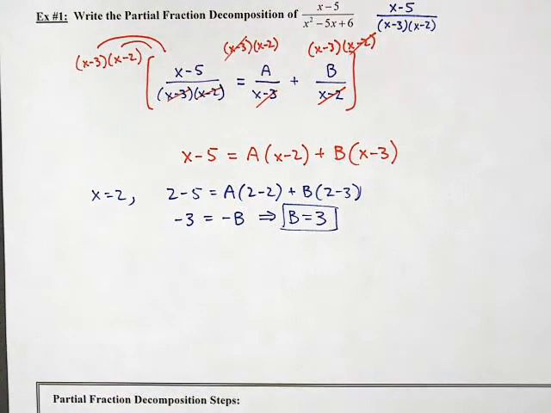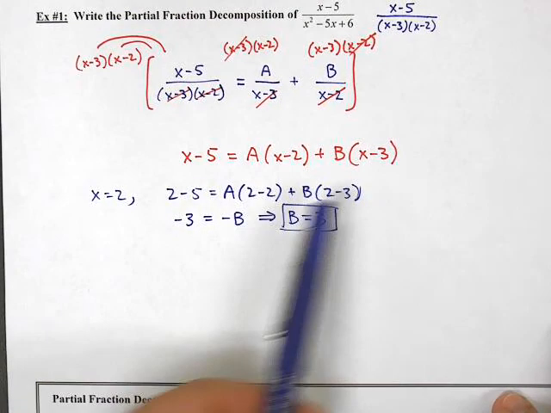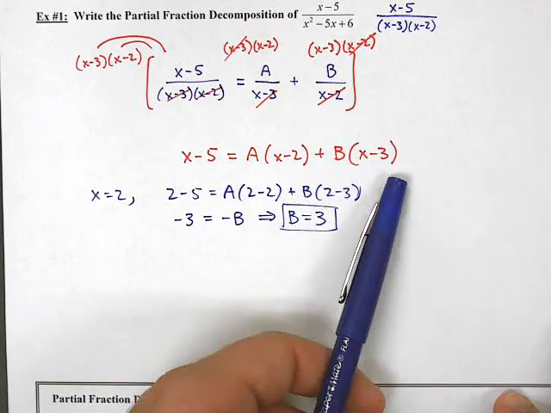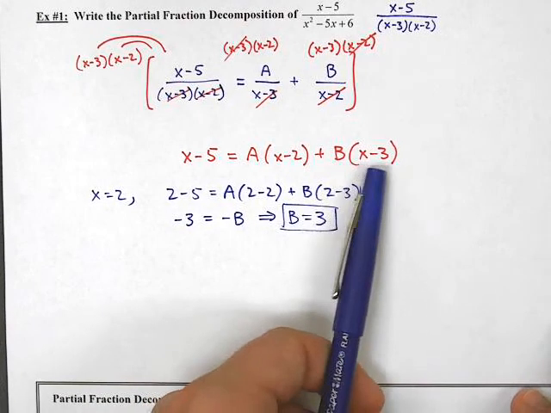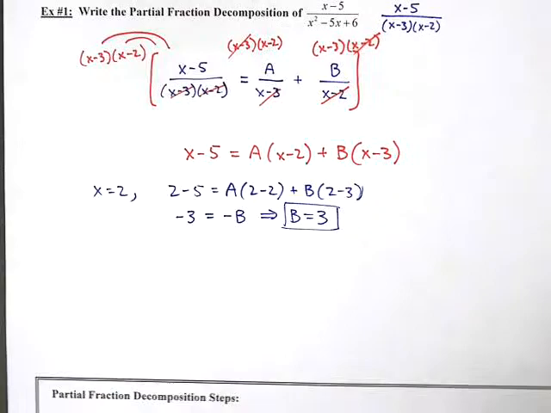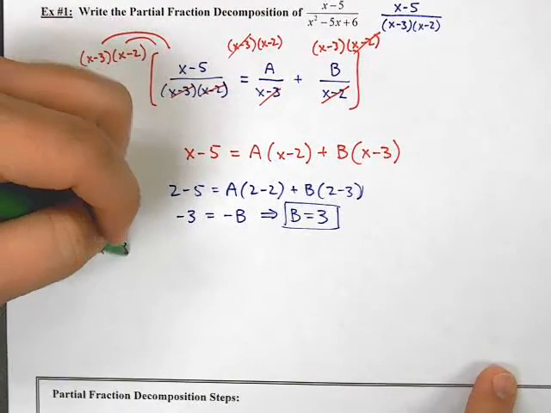Now, there are other ways to get the a value, but in this case, go ahead and do the exact same thing, but let's get rid of this piece right here now. What do I need to set x equal to in order to get rid of this term? Let's change colors. x should equal 3.